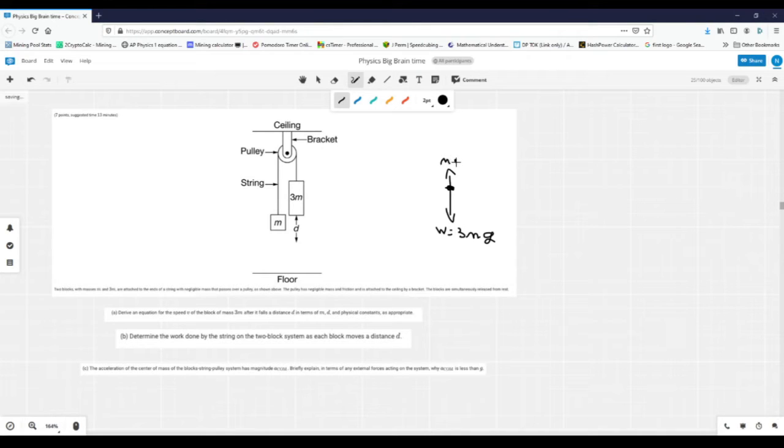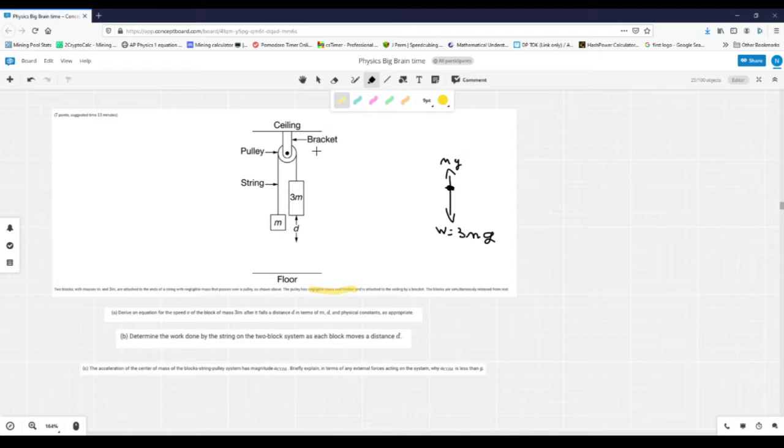Yes, mg. I'm actually not going to label it tension, because the tension in the string is uniform, but the block only experiences some of it. Technicalities. Why is it mg? Because that is the weight force experienced by this block. And the pulley, as it says in the question, has negligible mass and friction. So all that the pulley does in this scenario is redirect force.